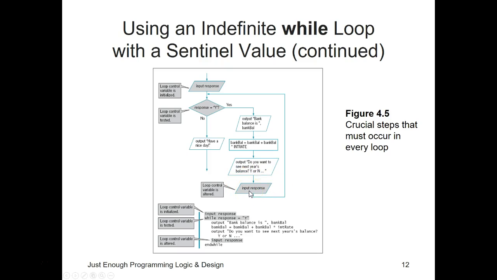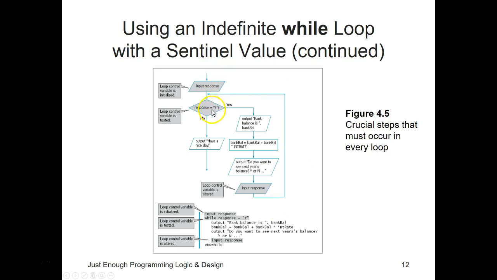The other and bigger problem with this, what happens if I forget to put in this input down here? So I input it once, up at the top. So I did my priming. My program goes to run, and they say, "Yep, I want to find out what my bank balance would be next year." It outputs its bank balance, comes down through here. Do you want to see the bank balance? Oh, but I didn't get a response. What's going to happen? So I don't have this input.